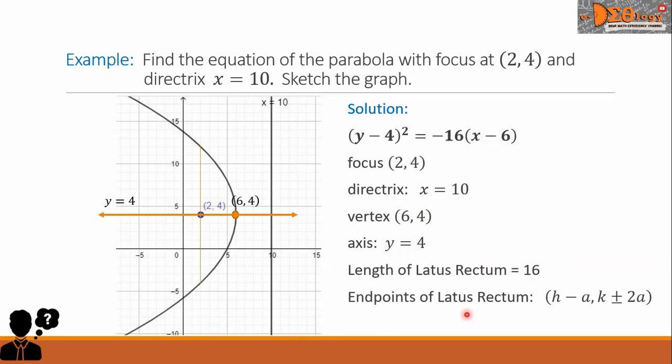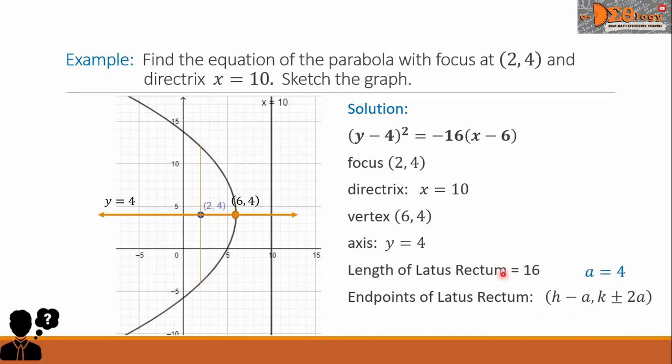And for the endpoints of latus rectum, we will have this formula: h minus a for the x coordinate and k plus or minus 2a for the y coordinate. This is our latus rectum here in the figure.